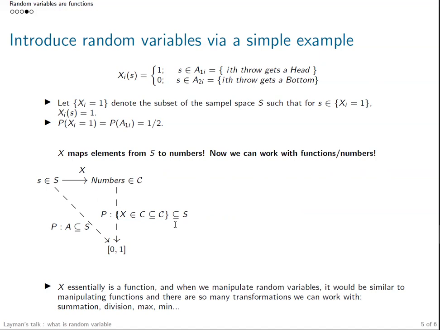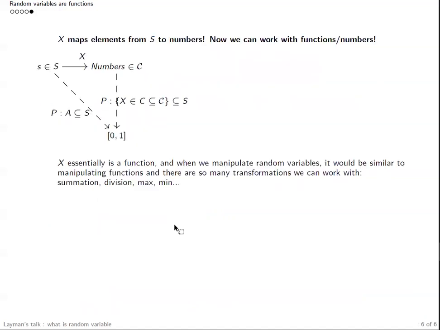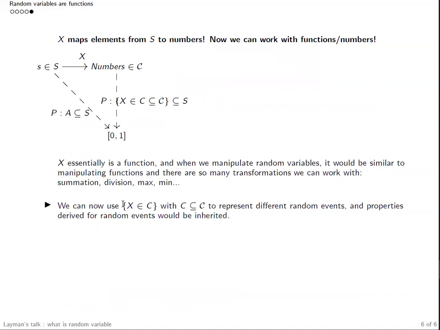We can work with the summation of two functions. We could divide one function by another one, and we could manipulate random variables in exactly the same way: consider the sum of two random variables, or use one random variable to divide by another one, consider the maximum or minimum among multiple random variables. They again generate new random variables. Okay? And we can also use events generated by random variables, and we have probability functions to assign values within 0 to 1 to those random events.